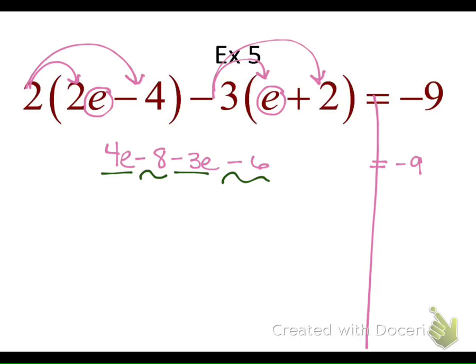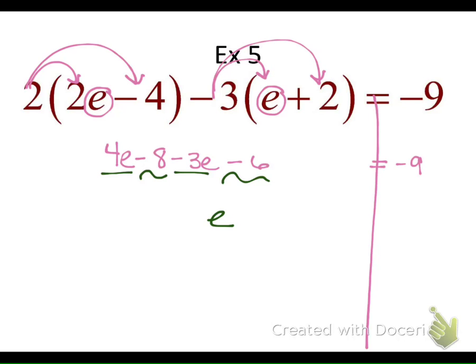All right, so again, I always start with the variable first. So if I'm going to combine 4e, look at the sign in front, minus 3e. So what's 4 minus 3? It can just be e. Can I put that 1 in front of it? I can, but is it necessary? No, it's going to give me another step if I do. So I'm just going to bring down the e. Then I combine my next like terms.